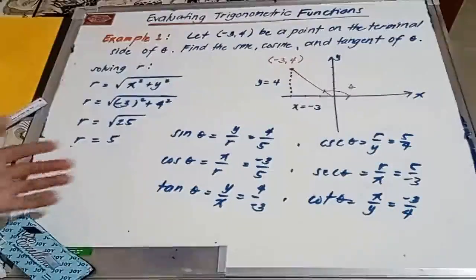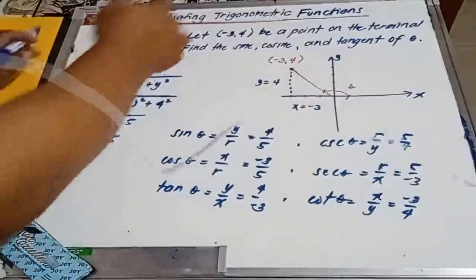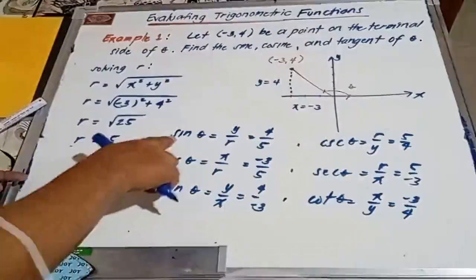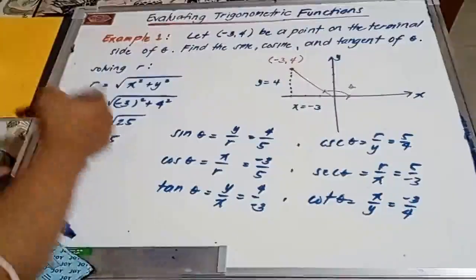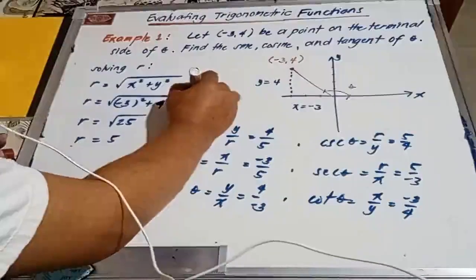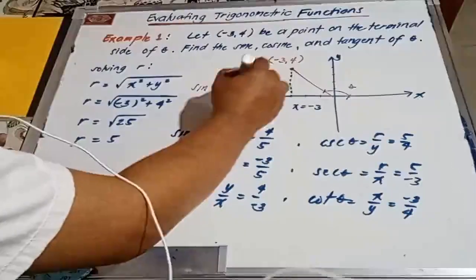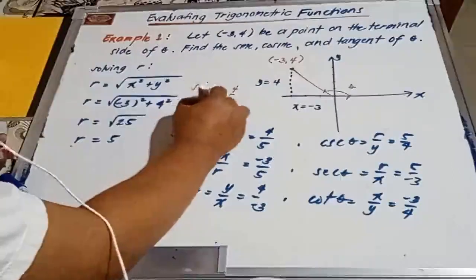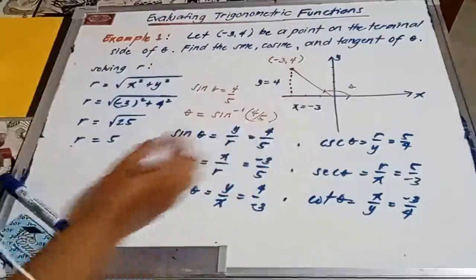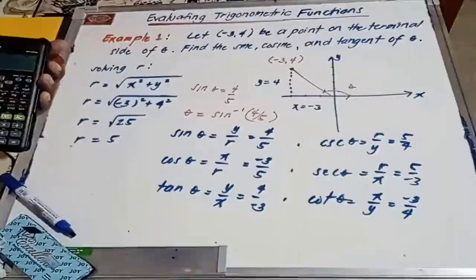Now, if you're curious to find the value of angle theta, we can use our scientific calculator. Okay? Paano? I'm going to use sine theta to solve for theta. Probably natutunan na ito ng grade 9 kayo. So, sine theta equals 4 over 5. Therefore, theta is sine to the negative 1 of 4 over 5. Paano yun? Hanapin lang natin yung sine to the negative 1 function.